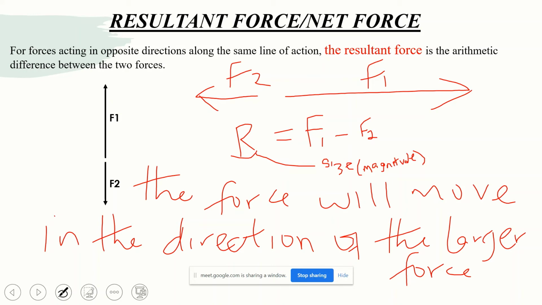So in other words, we are saying that because it's a vector, it has two quantities. It has the size and it has what? The direction.